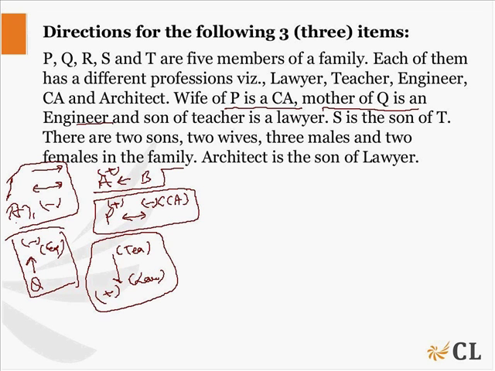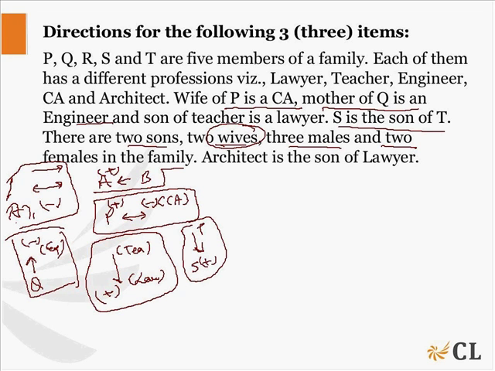S is the son of T. S is the son of T. And there are 2 sons, 2 wives, 3 males, 2 females in the family. There are 2 wives, so these have to be female only.